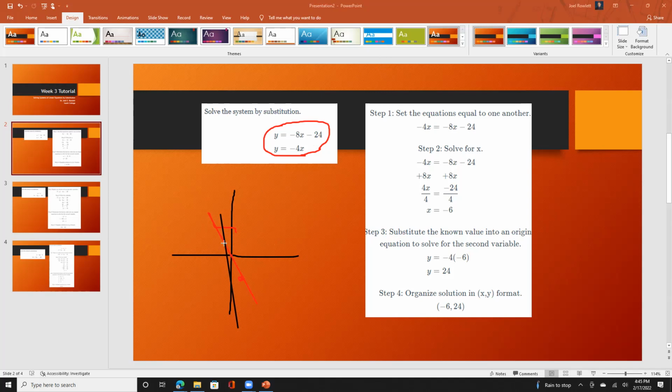And where do they cross? If you look at my picture here, they cross at this point that I've highlighted in green. This is a very rudimentary sketch. It's not by any means meant to teach you how to solve by substitution. It is just to give you a linear graph that shows what we're doing algebraically. Let's take a look at the steps to solving using substitution.